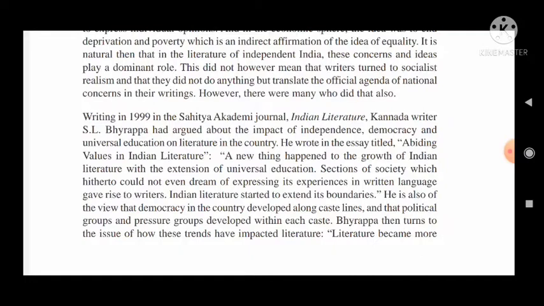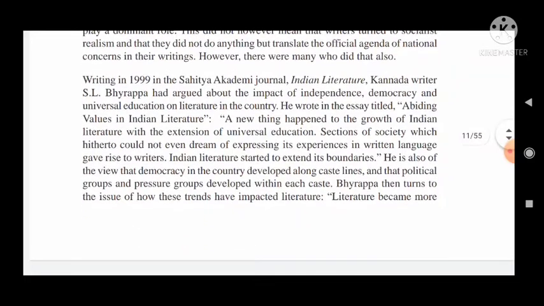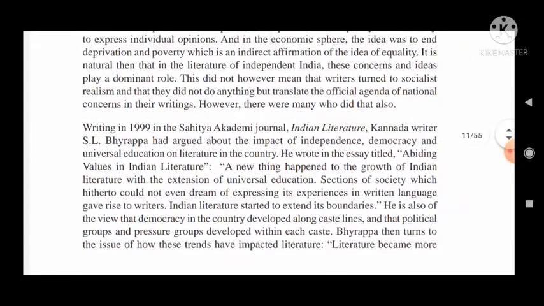However, there were many who did that also. Here is the main point, you can note down. The writers did not turn to socialist realism and do nothing but translate the official agenda of national concerns in their writings.